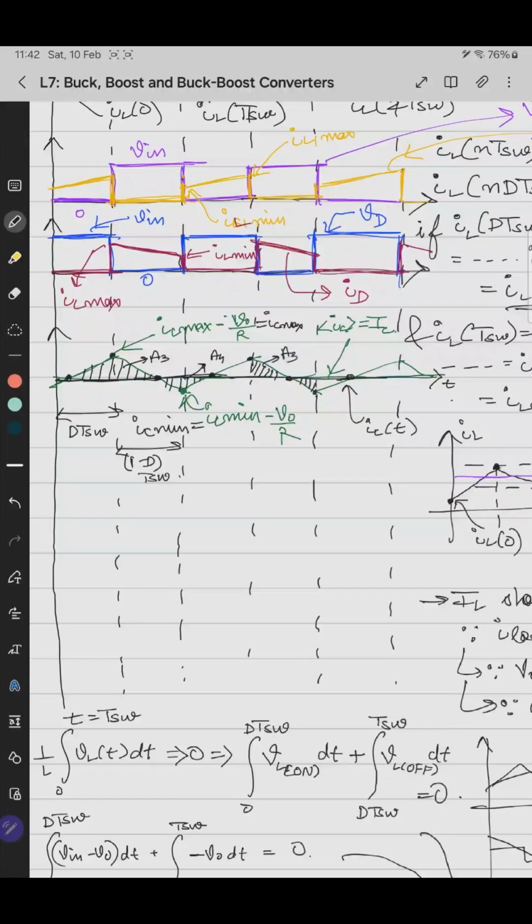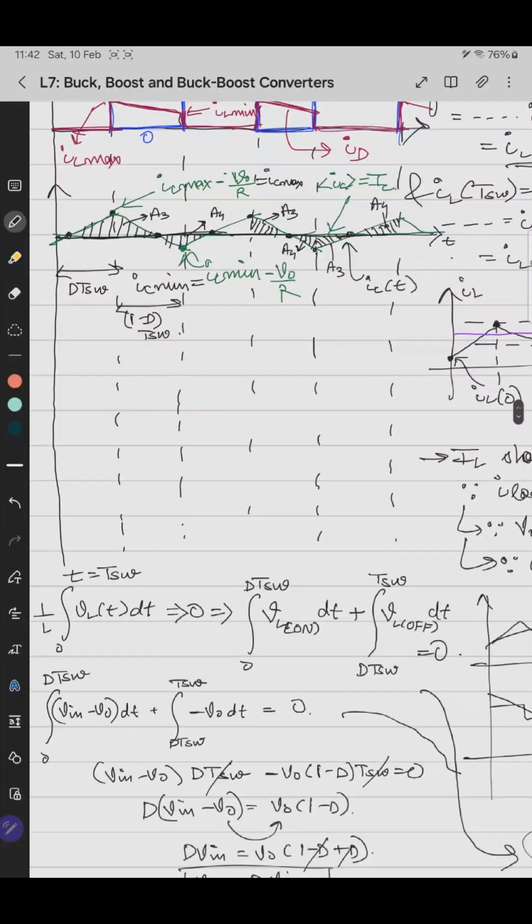This is the new A3 and this is the new A4. Similarly, we can write this is the new A3 and this is the new A4. This also we can write.